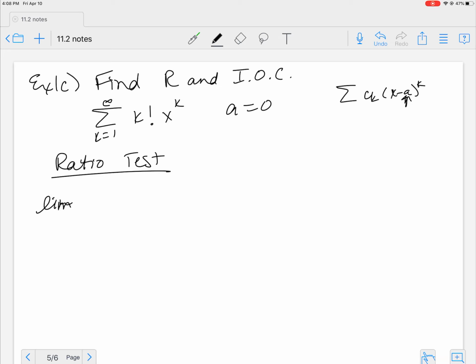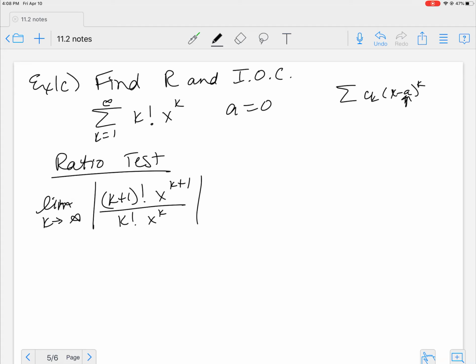So I have the limit as k approaches infinity of the absolute value here of k plus 1 factorial x to the k plus 1. Now this one, because it's not a fraction to begin with, I can just straight up divide it by what we have.